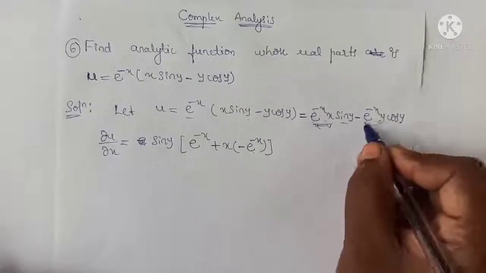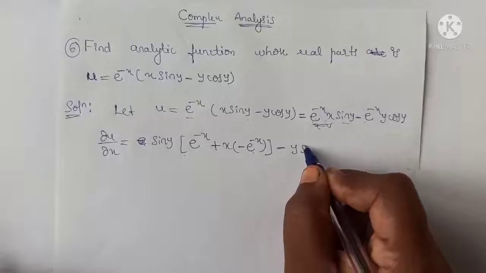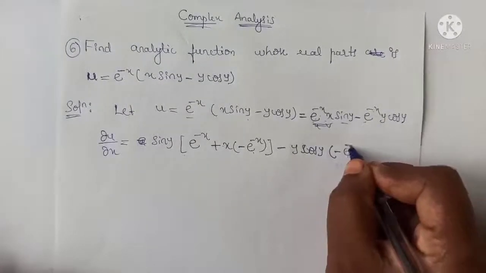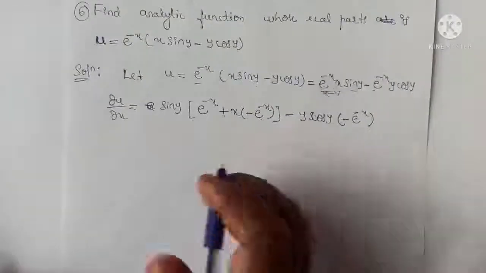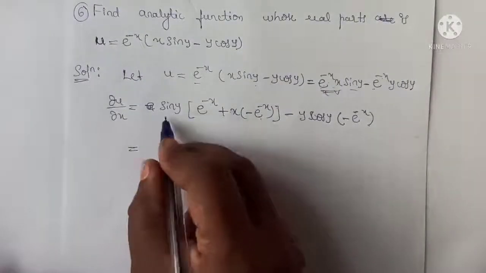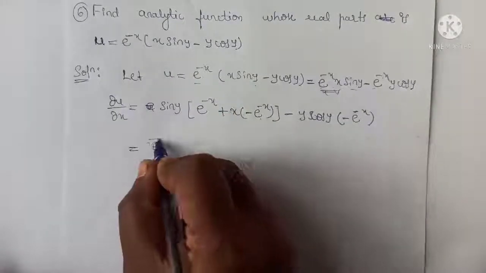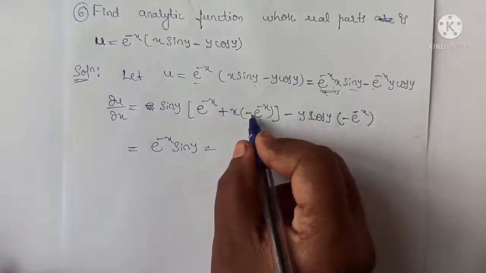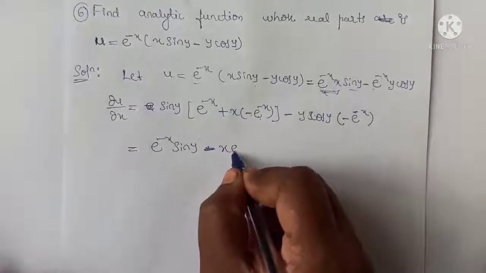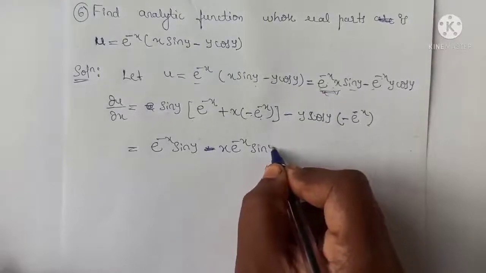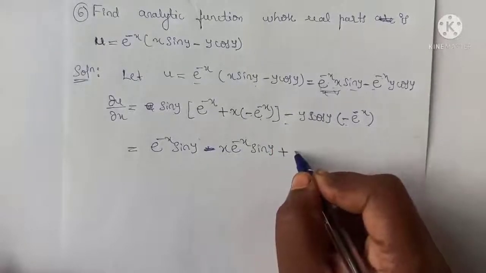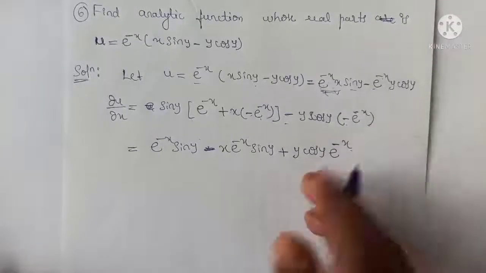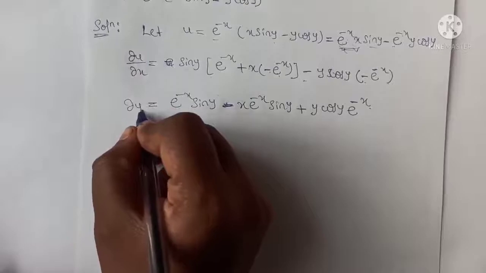Next, minus y cos y, as it is, e raised to minus x differentiation is again e raised to minus x. So multiplying this we get e raised to minus x sin y minus x e raised to minus x sin y, then minus into minus plus y cos y e raised to minus x. Okay, so this is dou u by dou x value.